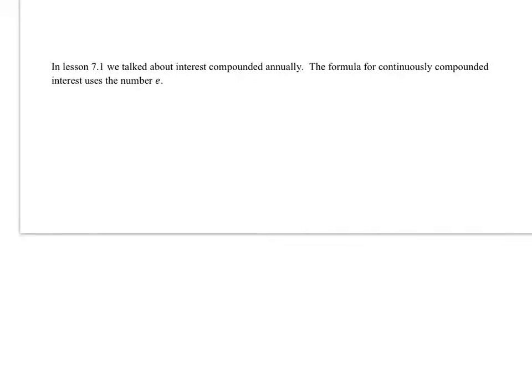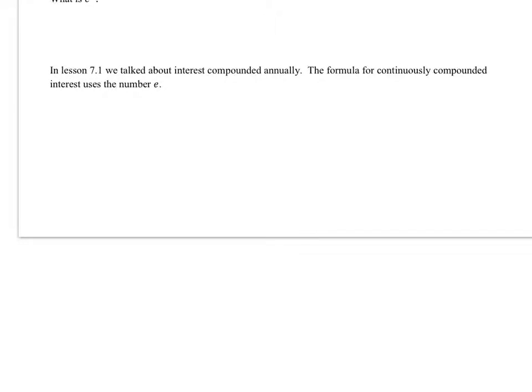In the last lesson, we talked about compounded annually. Well, this is a new equation we would have if we are continuously compounding, meaning every single day we are taking that interest into the information instead of doing it at the end of the year. And that equation is going to look like this.